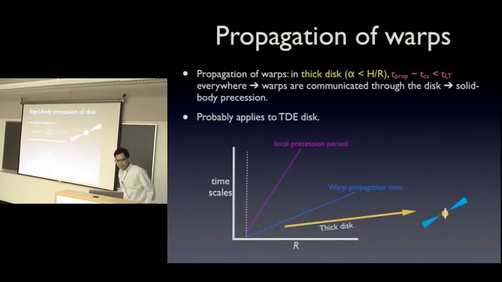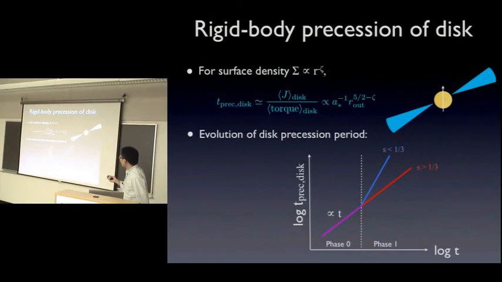If that's the case, one can simply calculate the precession period for the solid body precession of the entire disk. It's simply the disk angular momentum divided by the torque due to the Lense-Thirring effect. Then the disk precession period is a strong function of the outer disk radius, and it also depends on the black hole spin.